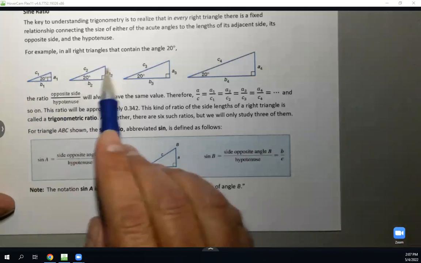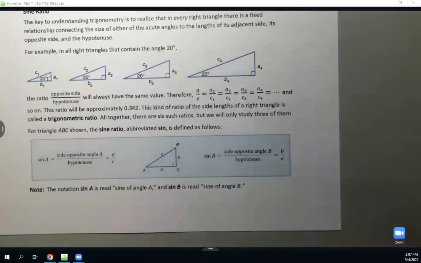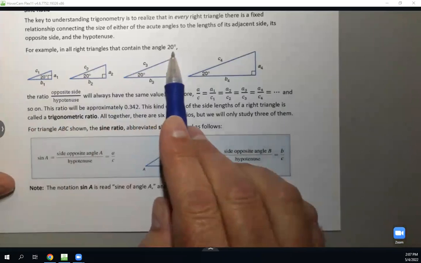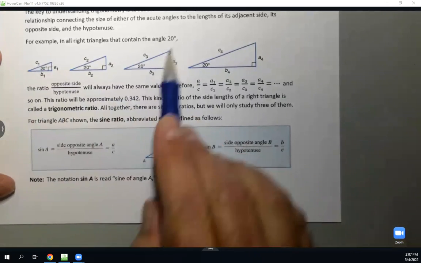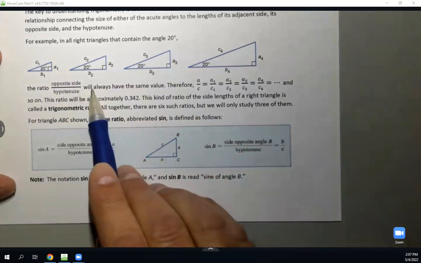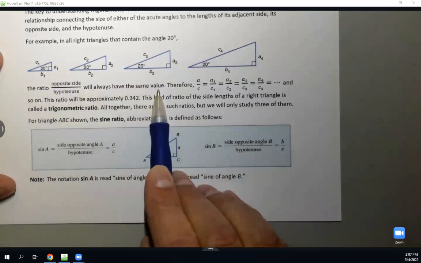So all of those right triangles are similar. If they're similar, that means they're proportional. Remember when we did proportions? So for example, in all the right triangles that contain the 20-degree angle, the ratio opposite side over hypotenuse will always have the same value.